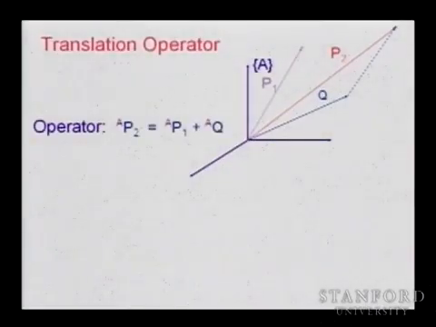A translation through the operator Q would result in a different vector P2, and now you have to describe it. You can describe it in frame A or any other frame, but always maintaining the same description for all the vectors. When you apply the components for describing the frame, you have to make sure that Q is described in the same frame as P1, and the result will be in the same frame.